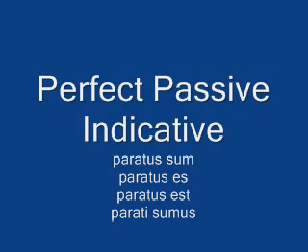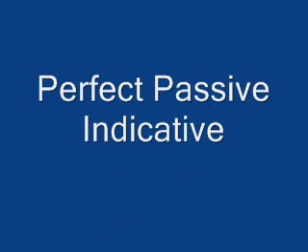Because the past tenseness, the perfectness, the completed aspect is already built into the participle paratus. So paratus sum means I was prepared. It doesn't mean I am prepared. You might very goofily think of it as I am in the state of having been prepared. Don't translate it that way. That's just a way of thinking about why we have the present form of esse here to say I was prepared.